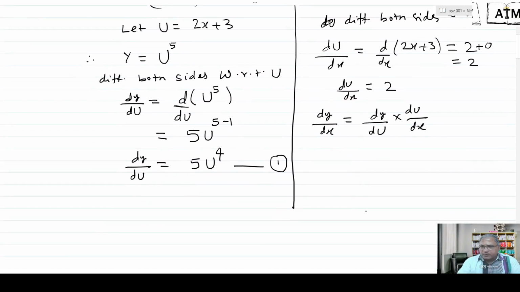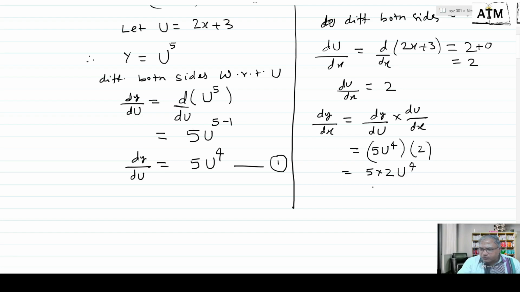So we have dy by du is nothing but 5u raised to 4, and du by dx is 2. That equals 5 into 2 into u raised to 4, which is 10u raised to 4. What is u? u is nothing but 2x plus 3.